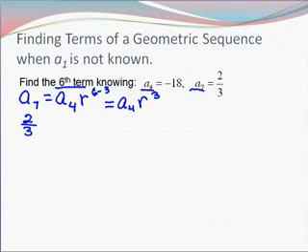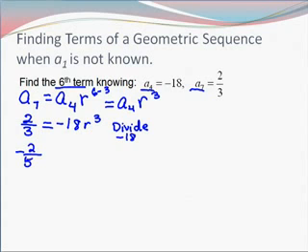A7 is 2/3, and that's going to equal negative 18 r cubed. Divide both sides by negative 18. And you're going to get negative 2 over 54 is going to equal r cubed.